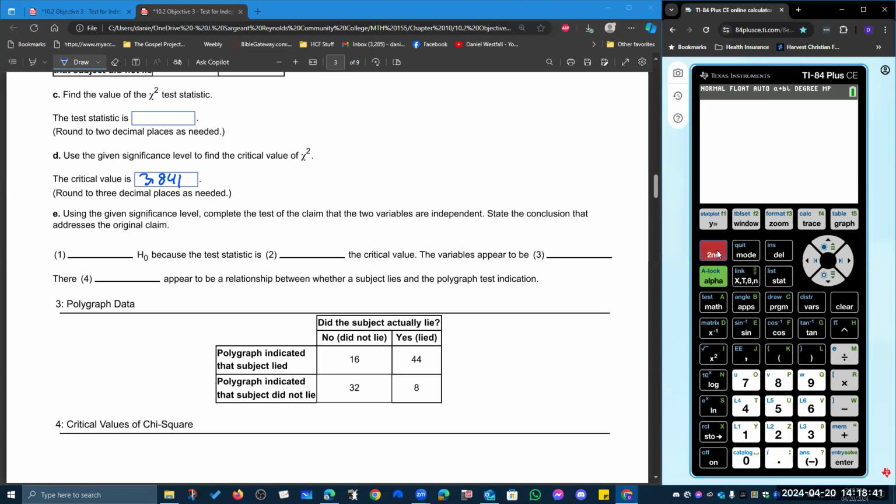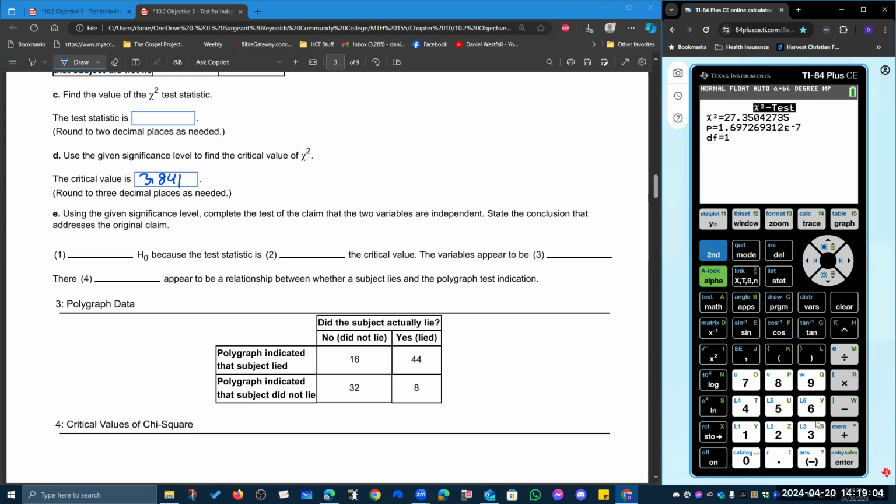Then we're going to go into stat tests and look for our chi-squared test, which is letter C for me. We've put our observed values in matrix A. It's going to write the expected into matrix B. We'll look at that towards the end, since we want to see everything else on our screen first.